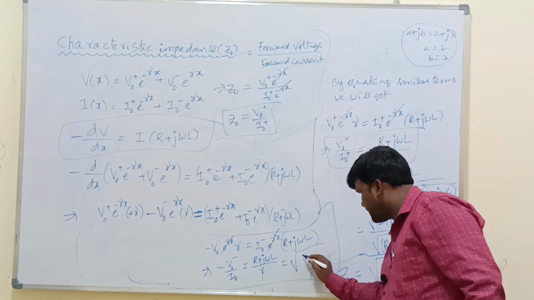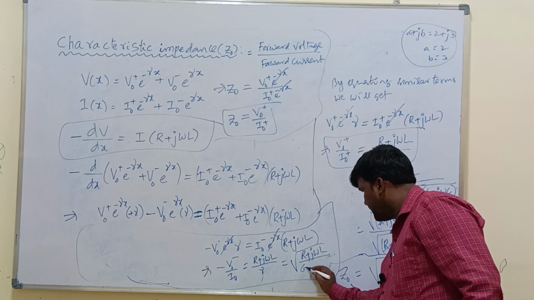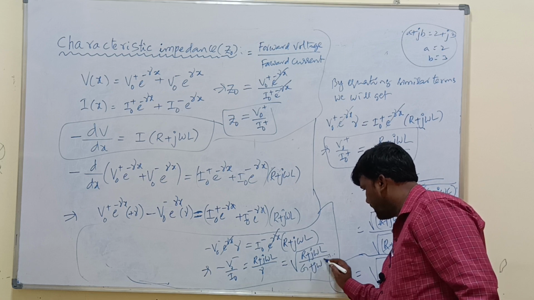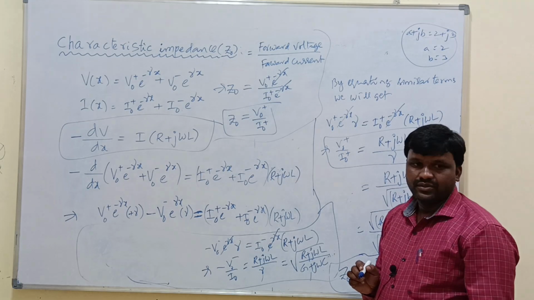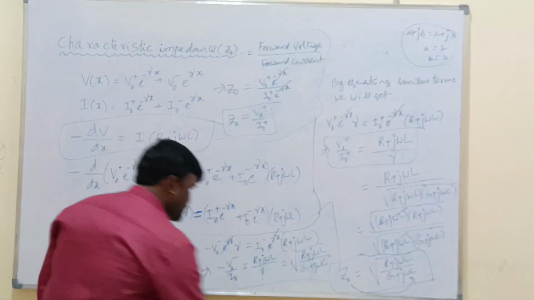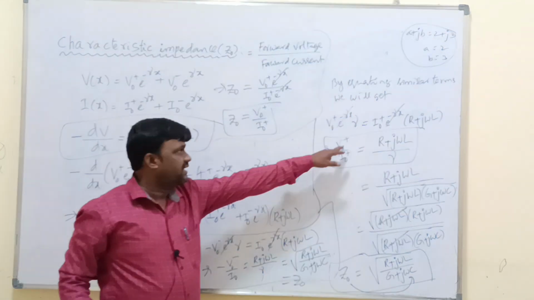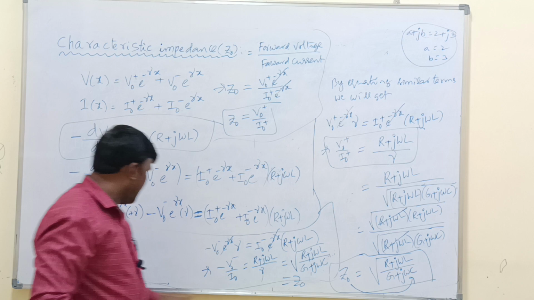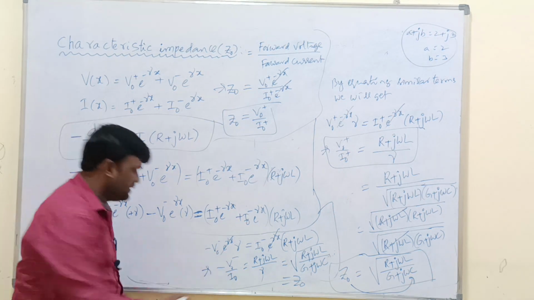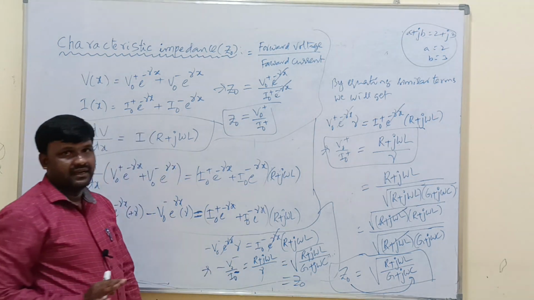We got root of (R plus j omega L) divided by (G plus j omega C). So this is the derivation of the characteristic impedance, which is nothing but Z naught. So Z naught can be defined in terms of V naught plus by I naught plus, and also in terms of V naught minus by I naught minus.